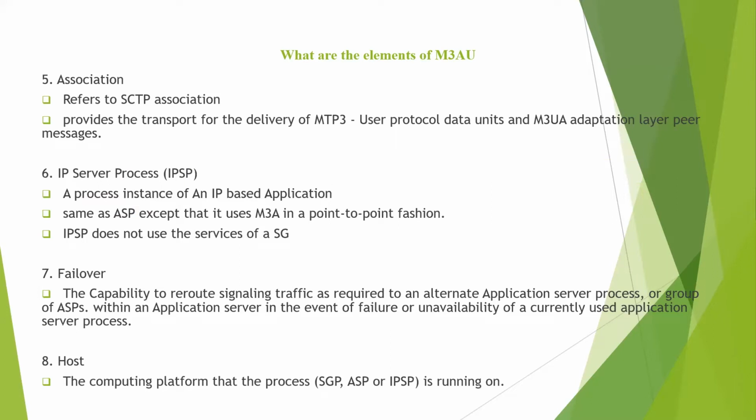Failover. This is the capability of rerouting signaling traffic as required, basically due to the availability of nodes or some of the application services. We have host. This is basically the platform that the processes run on.